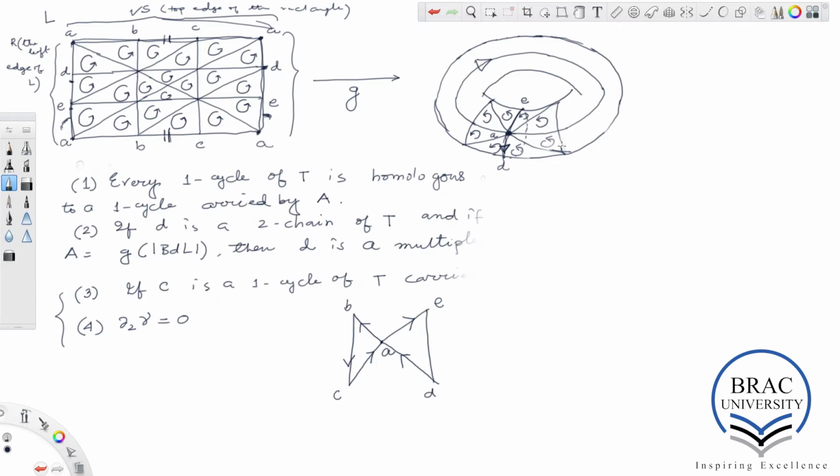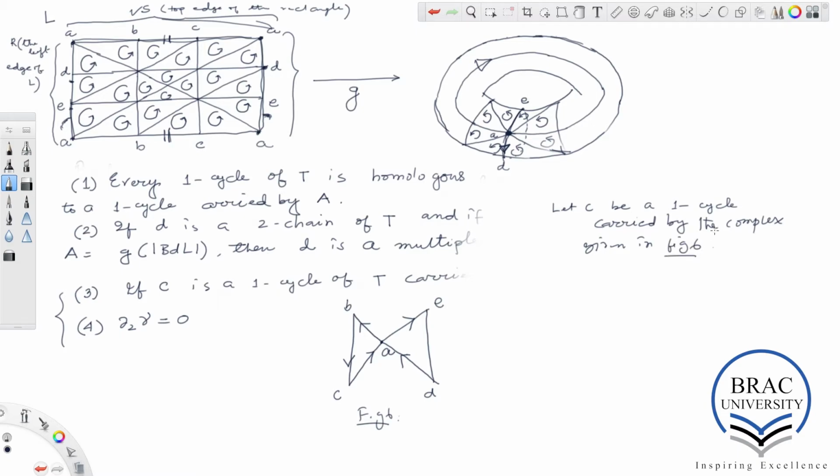Okay, so let C be a one cycle carried by the complex given in this figure 6. This is nothing but A, right? Carried by the complex given in figure 6.